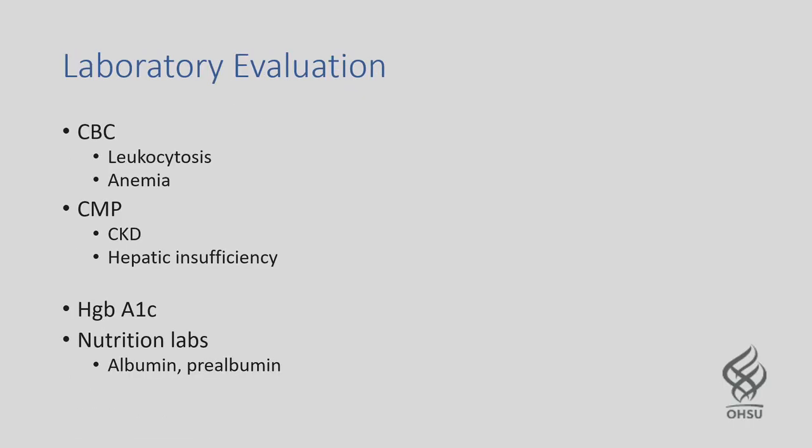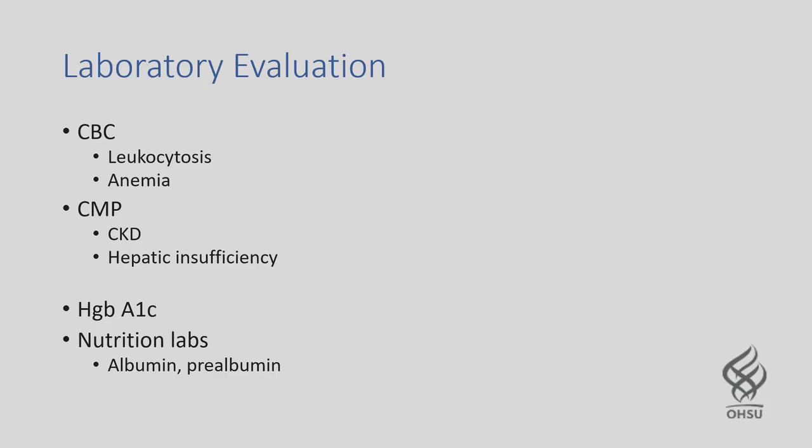Laboratory evaluation is particularly important in the inpatient setting. Obviously, we want to know if there are lab abnormalities, but I think important things are evaluating for things that are going to increase their risk of surgery, like if they're coming in anemic. Why is that?